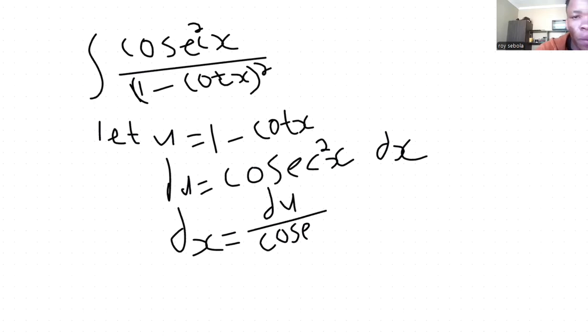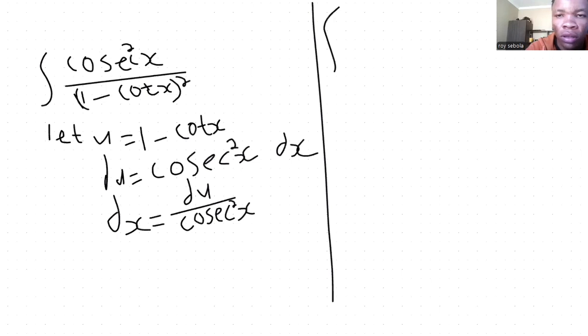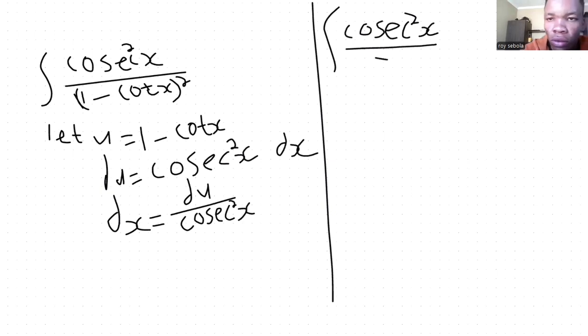We will have the integral of cosec squared x divided by, remember, we said 1 minus cot x is equal to u, so we'll have u squared, times du all over cosec squared x.